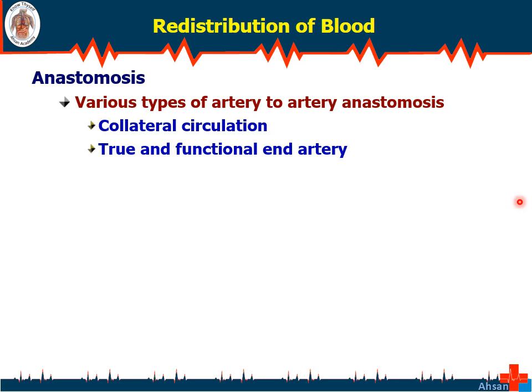True and functional end arteries we have understood. True end artery, because of the lack of that, there is a problem with the collateral circulation. Functional end artery, there is collateral circulation, but the possibility of survival of the tissue is less.